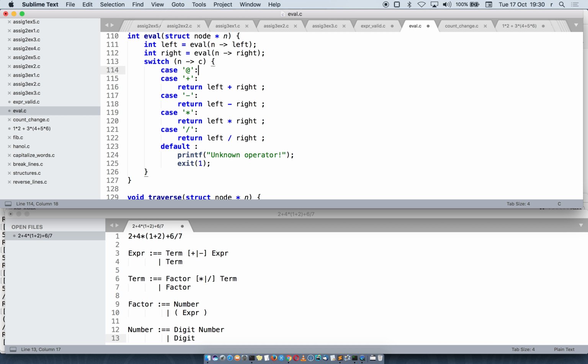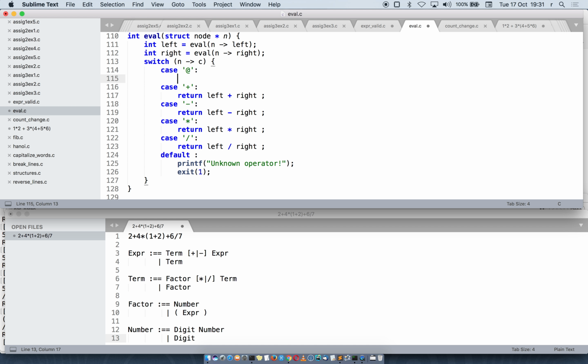And we know that we use the at symbol only when the value is correct, right? So in that case, we can return n value. Okay? So we're playing this trick. We're using the at sign as a would-be operator that actually indicates the fact that there's a value there.